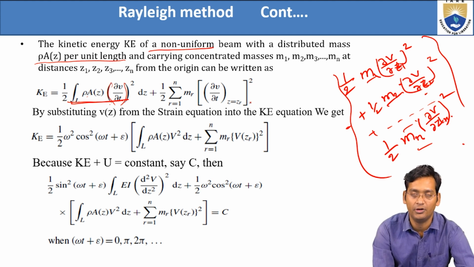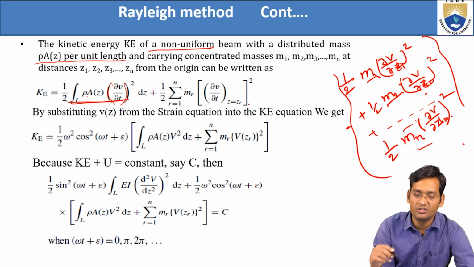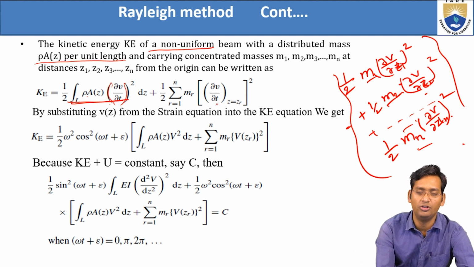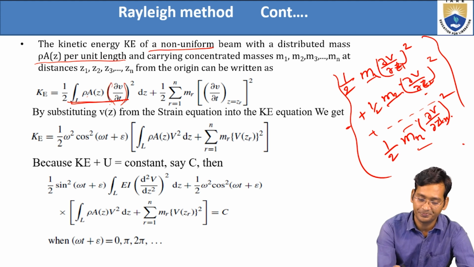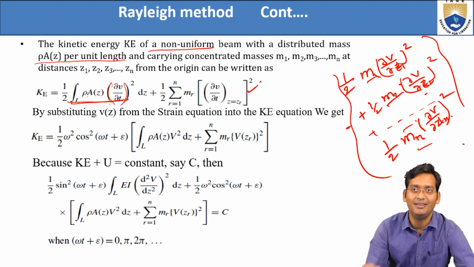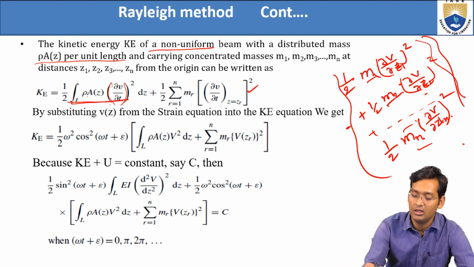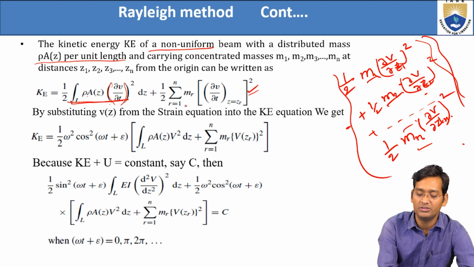That is the kinetic energy of the second. If there are 2 masses, you only have to add 2 terms. If n masses are there, you have to add n terms to that of the beam. Instead of writing such a long expression, we write it in short form as a summation, meaning the sum of all.